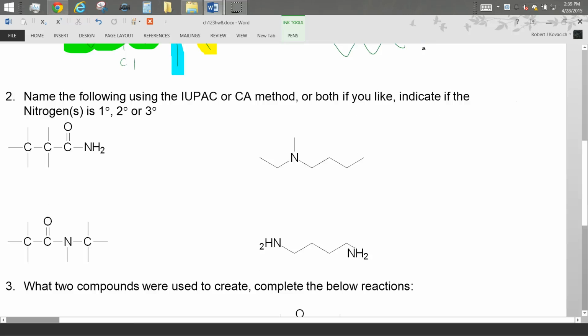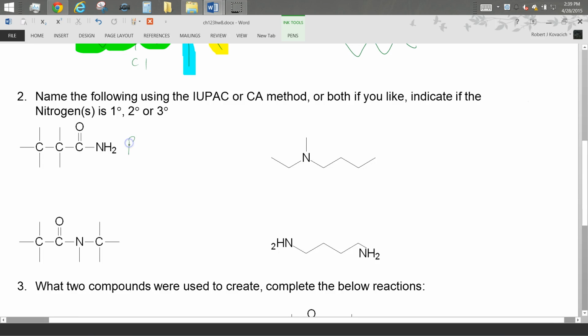So we want to name this one. Okay, so how do you want to name the first one? Propanamide? Okay. And this guy's primary.